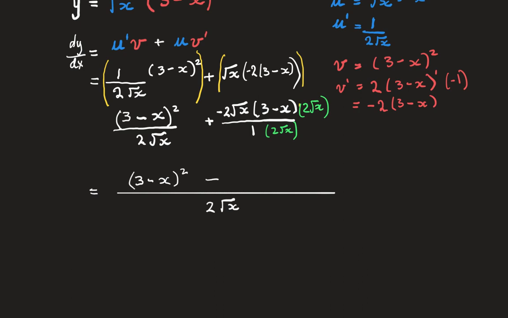Now we also have a 2 and a 2 there, so 2 times 2 is 4. Can you see we've got a root x and a root x? If you multiply root x and root x, we just get x. So we'll have 4x, and we're left over with the 3 minus x.